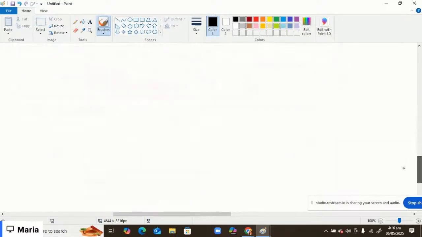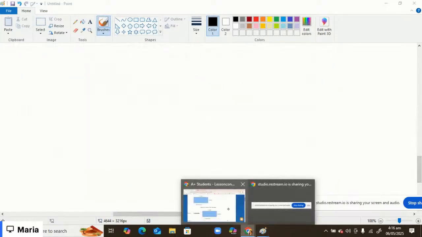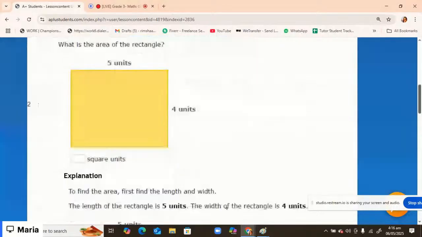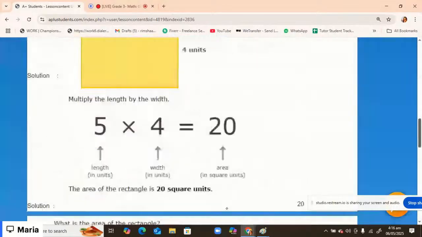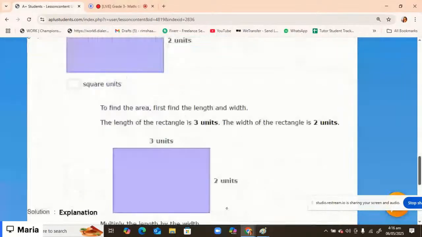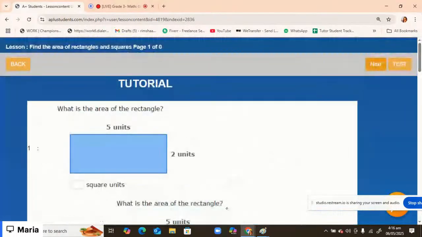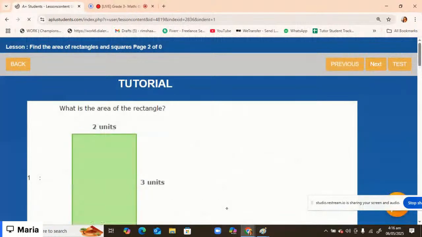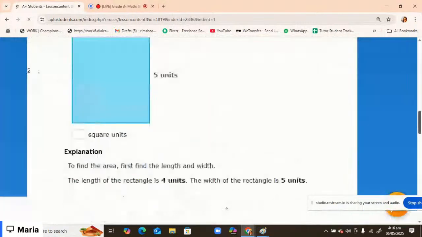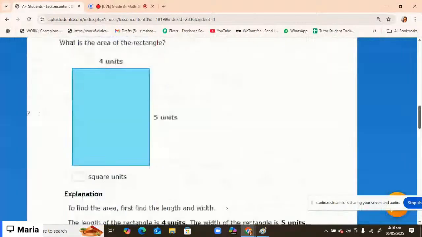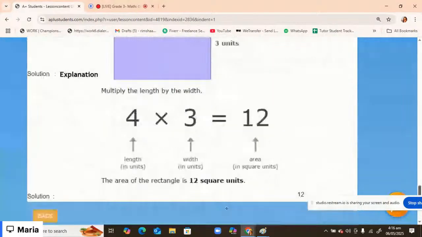Okay. Now, for example, how can we find the area of the squares? These are all rectangles. Let's do it for the squares.